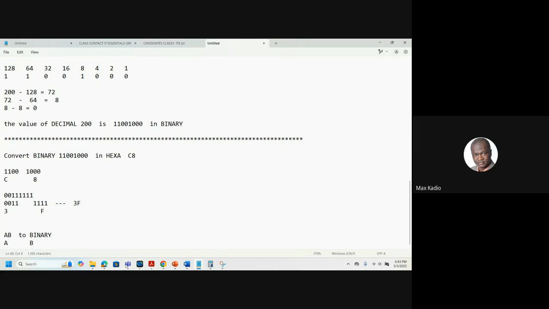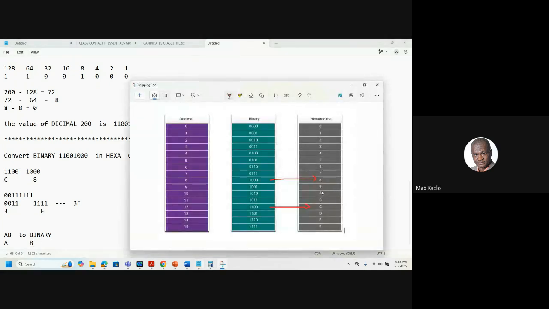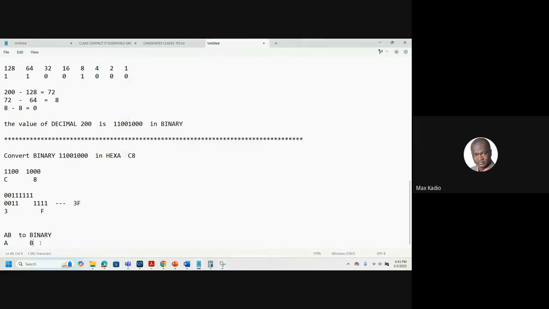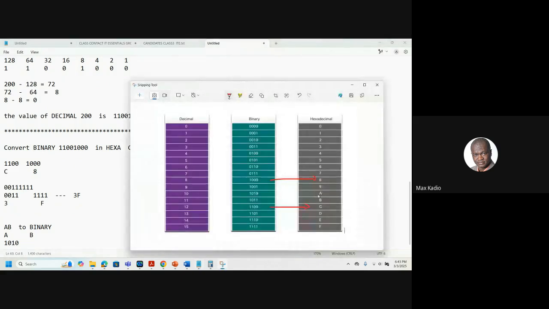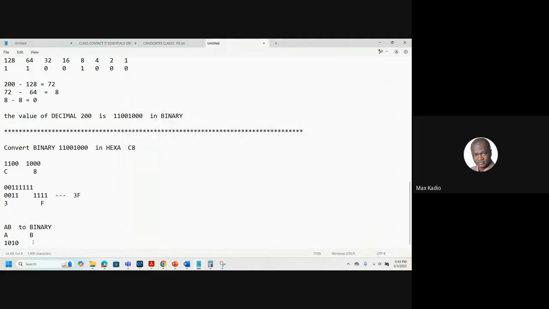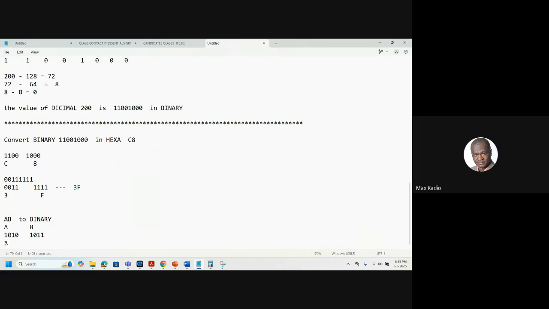You check your table. A is 10, 10. And what is the value of B? B is 10, 11. You put 10, 11. So AB is equal to 10, 10, 10, 11.